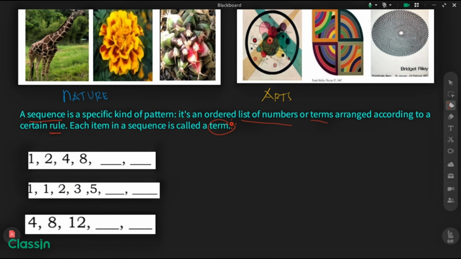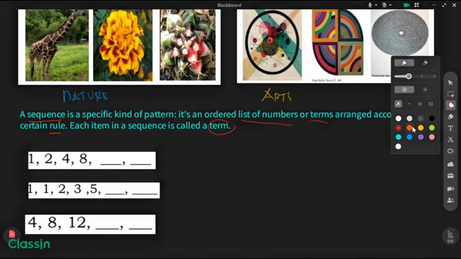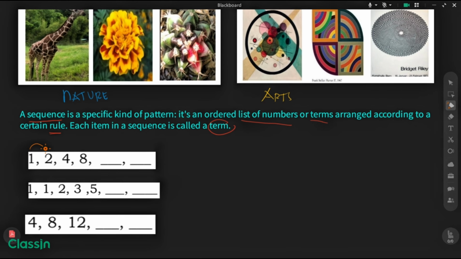So we have here an example: 1, 2, 4, 8. What do you think is the pattern in this sequence? Multiply by 2.